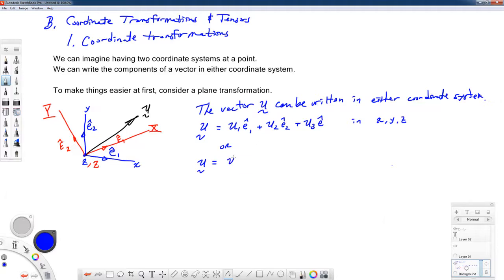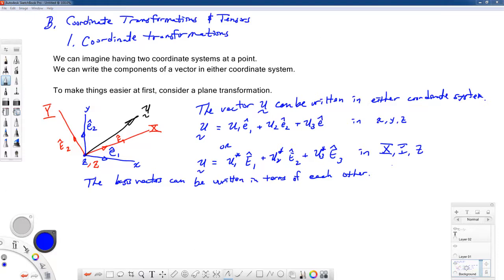Now, to differentiate these components, I'm going to call it with a star. So I have u1 star E hat 1, u2 star capital E hat 2, and u3 star capital E hat 3, and then that would be in the capital X, Y, and Z system. It's the same vector, but it has different component representations in the different systems.